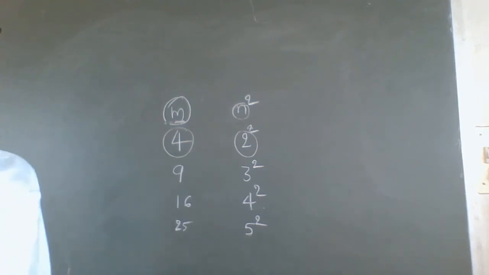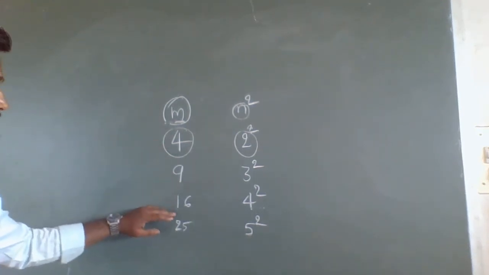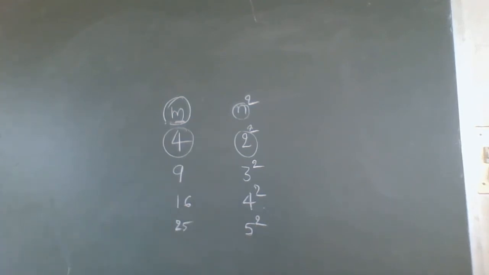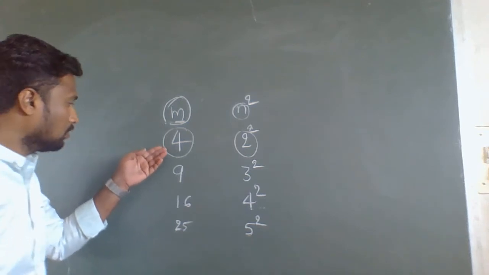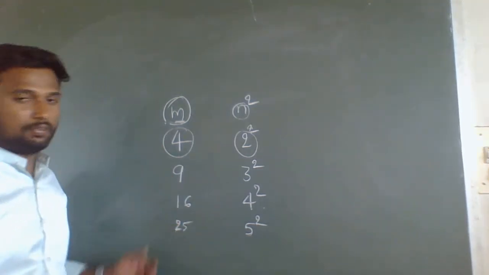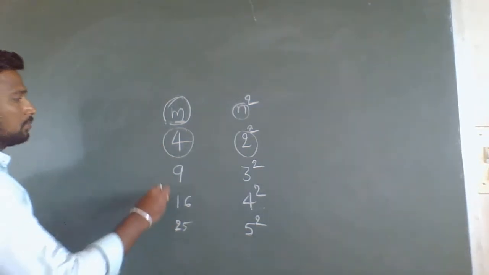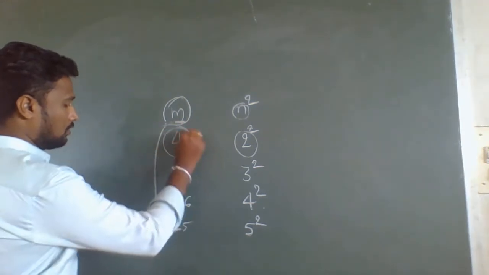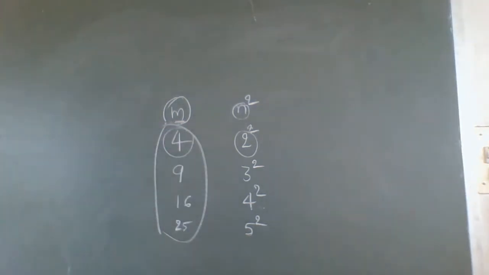So these numbers, 4, 9, 16, 25, are square numbers. These numbers are also called perfect squares.